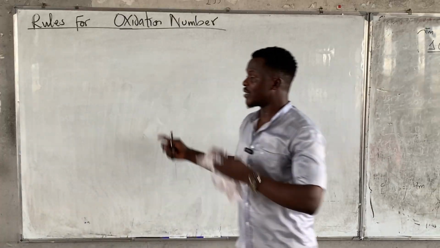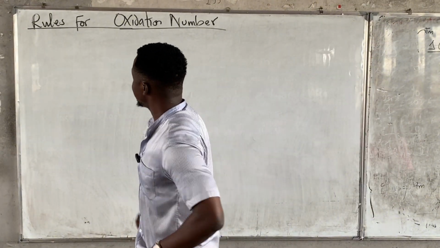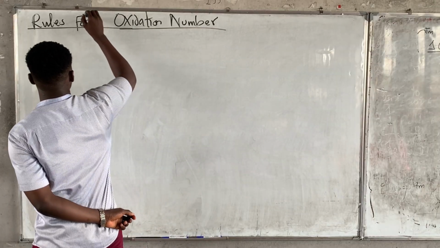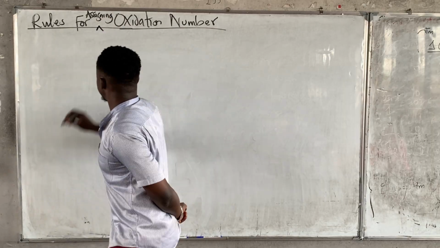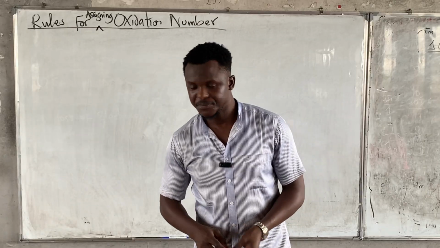So let's look at the rules for assigning oxidation number, because we need to understand oxidation number if we must balance redox reactions very well.